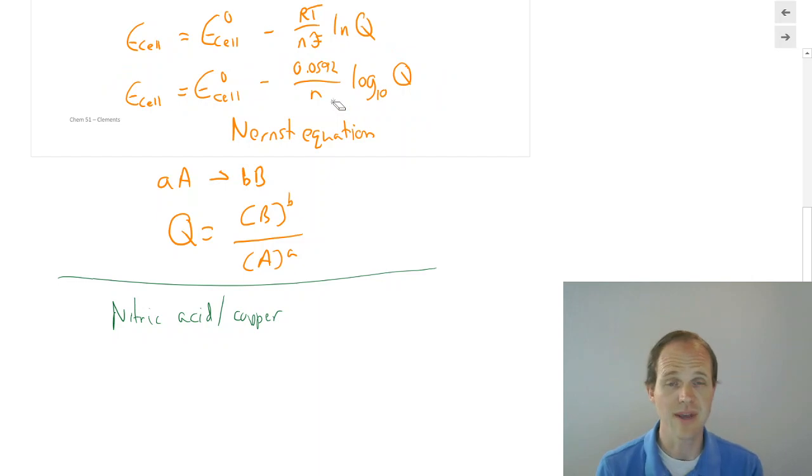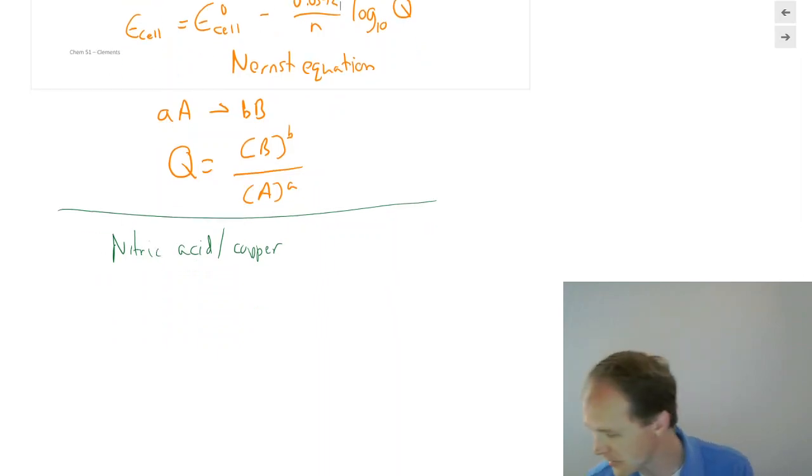But for Q, we have to know the coefficient of every single thing in our balanced reaction. Like I said, the lovely thing is those tables of standard reduction potentials have already done the half cell balancing for you. That's a wonderful thing.